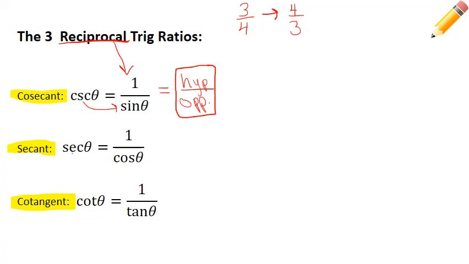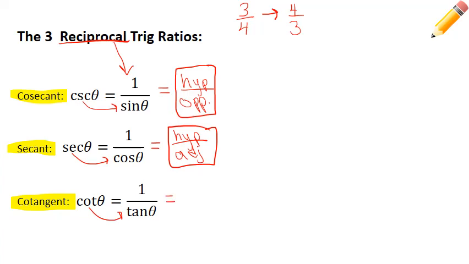So if we look at secant, which is the reciprocal of cosine, my new ratio is going to become not adjacent over hypotenuse, but hypotenuse over adjacent. And last but not least, let's take a look at cotangent. Cotangent's the one that's easy to remember because it's the reciprocal of tangent.